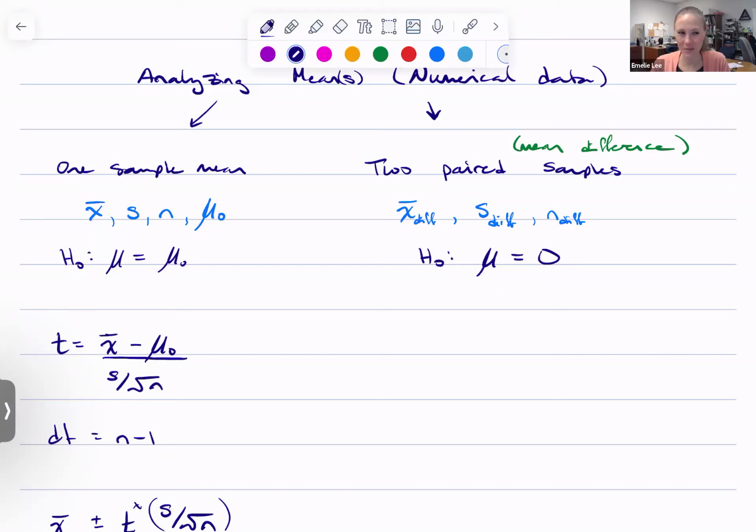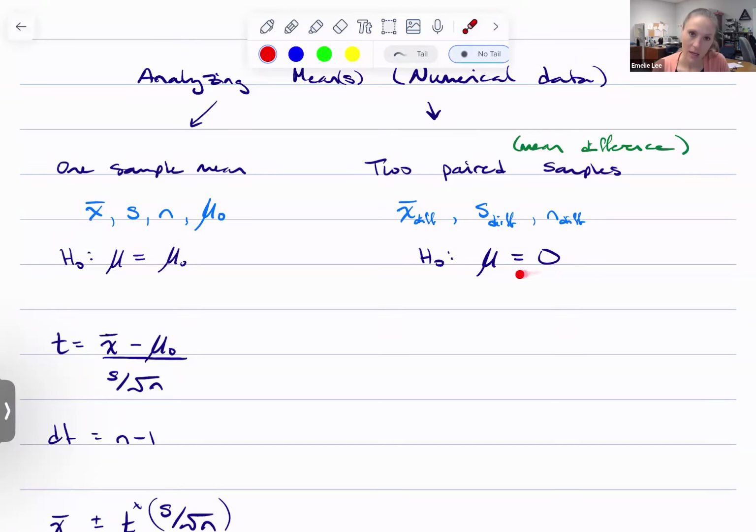That's an assignment type of question where you can really think about it. I wouldn't do that on a test. I would only ask if the mean difference is significantly different from zero. Or more simply, is there a significant difference between the two groups?